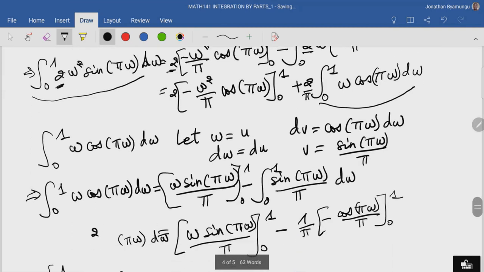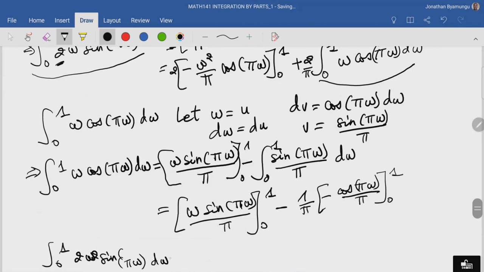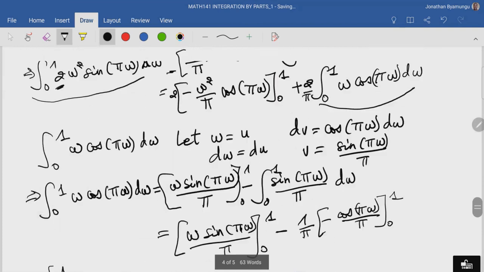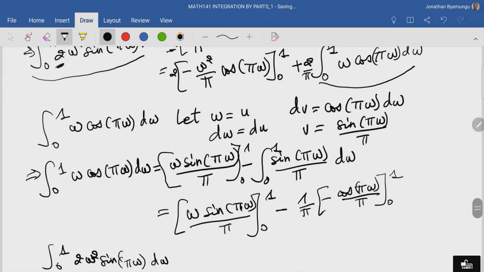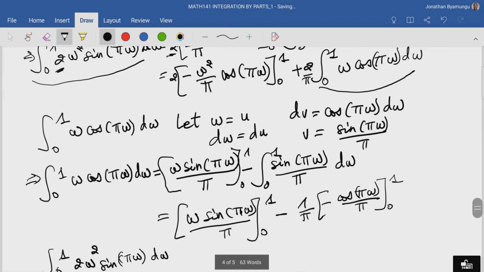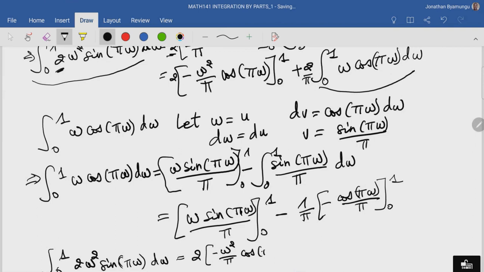And we found that the first section was equal to 2 multiplied by negative w squared over pi times cos of pi w evaluated between 0 and 1, right?